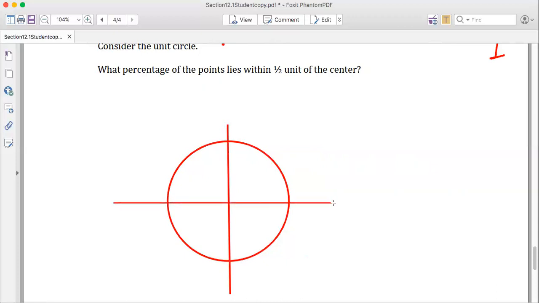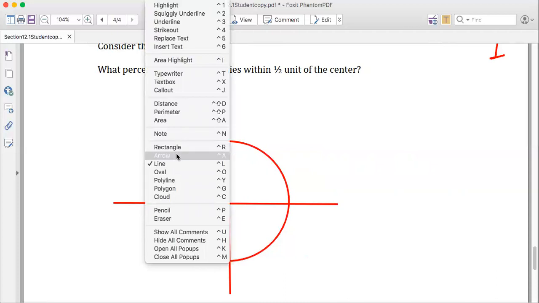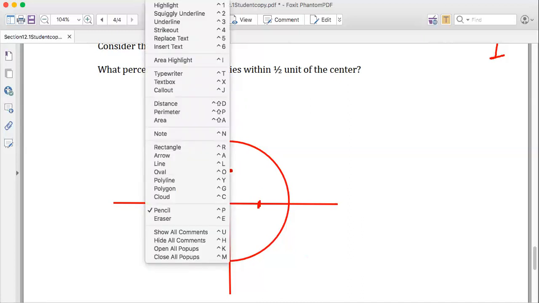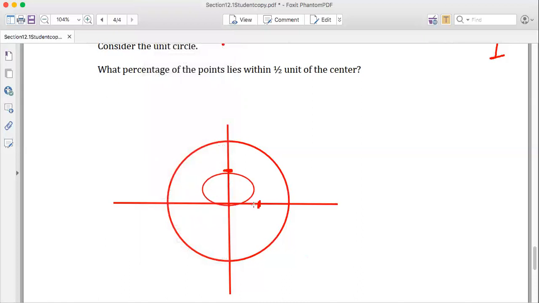It's not going to be perfect, so don't get your hopes up. There's my circle of radius 1, and I want to know how many points lie within 1/2 unit from the center. So I'm going to try to do this sort of by hand. So 1/2 unit away from the center, maybe is about there, maybe about there, roughly. And let's go ahead and let's actually put a circle inside of our circle. How does that sound?